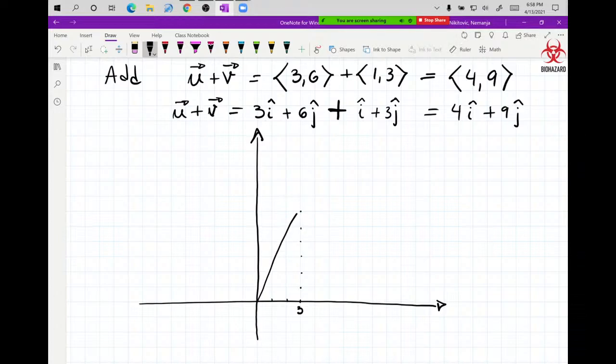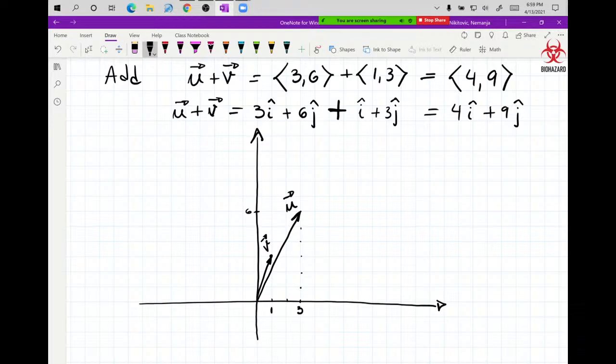And we connect that right there. And this would be our vector u. Now, vector v goes 1 unit. Actually, I gotta move this u. Let's move it here. I have to go 1 unit and then 3 up. There we go. So this would be vector v.